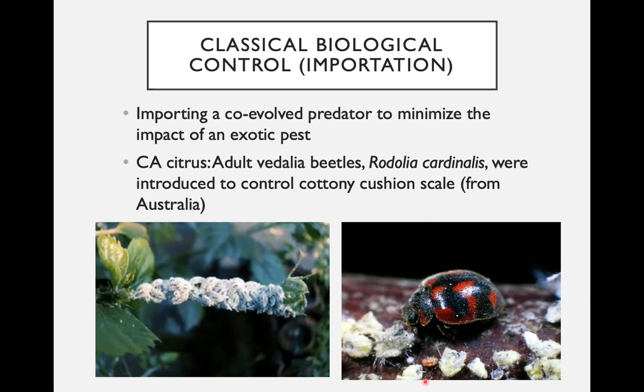There's a couple other ones out there, but this is a very long process, and lots of research and evidence has to go into it before they actually import another organism to control an invasive one.